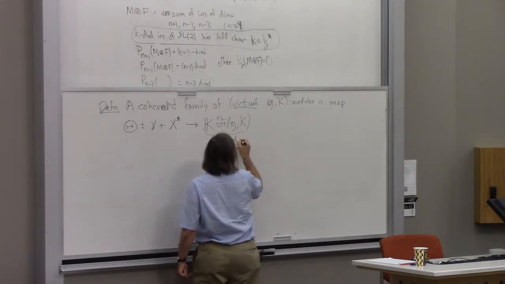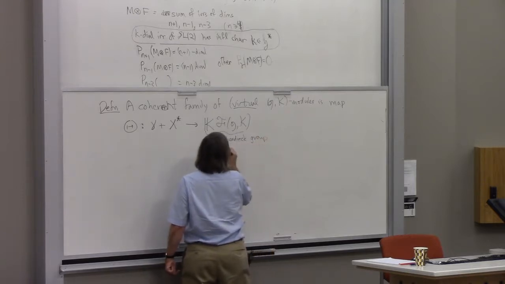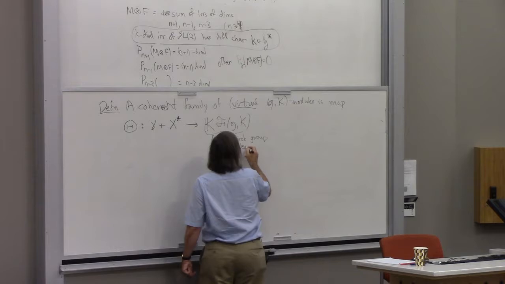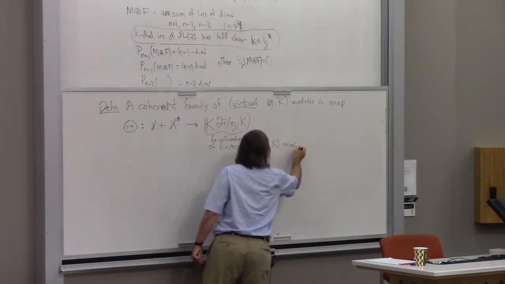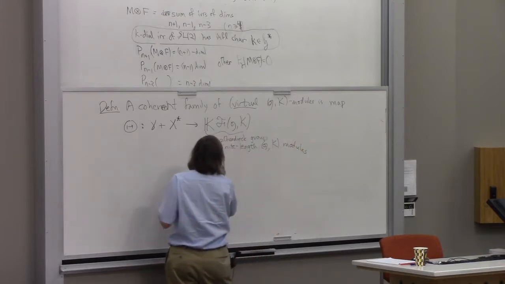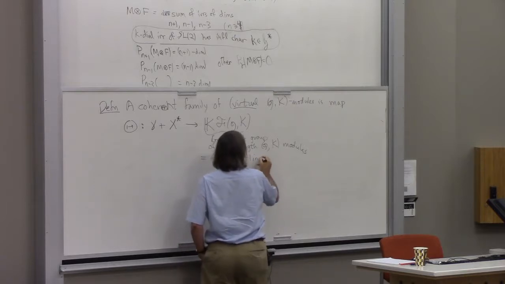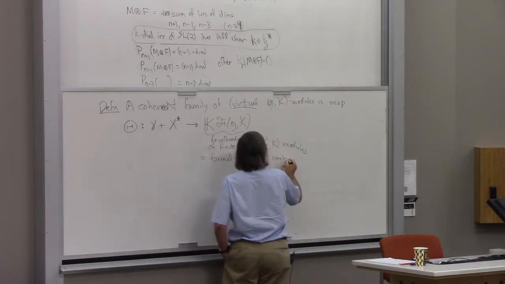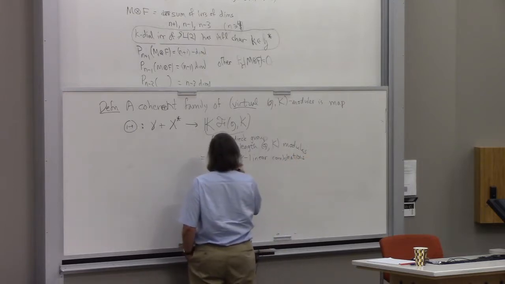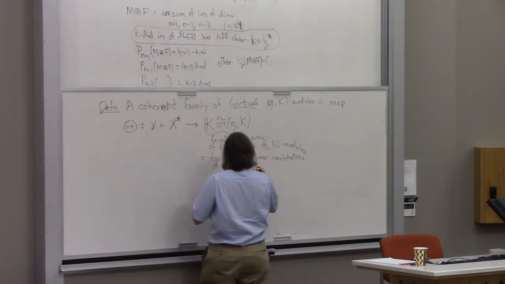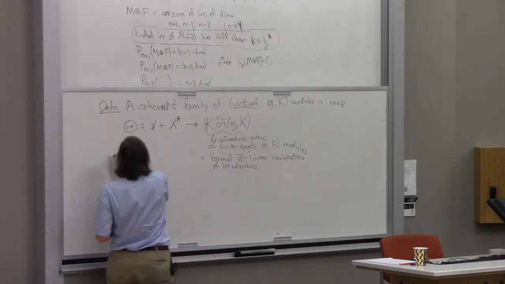This is the Grothendieck group of finite length GK modules. And so you can just think of this as formal Z linear combinations of irreducibles. So that's what this is supposed to be.